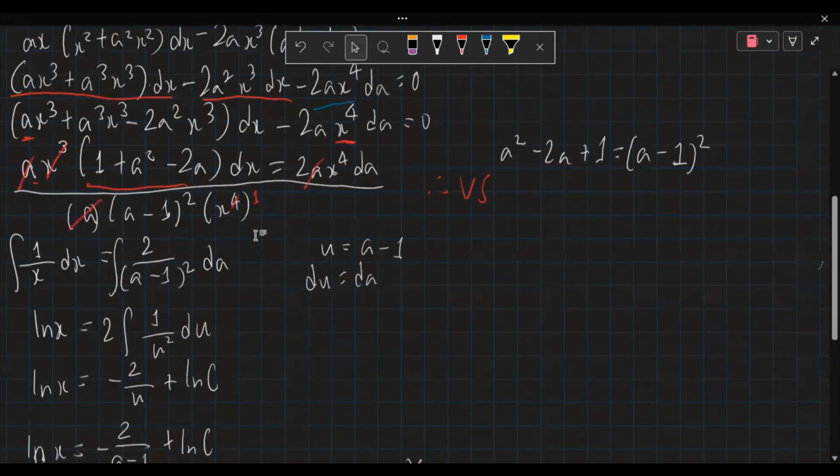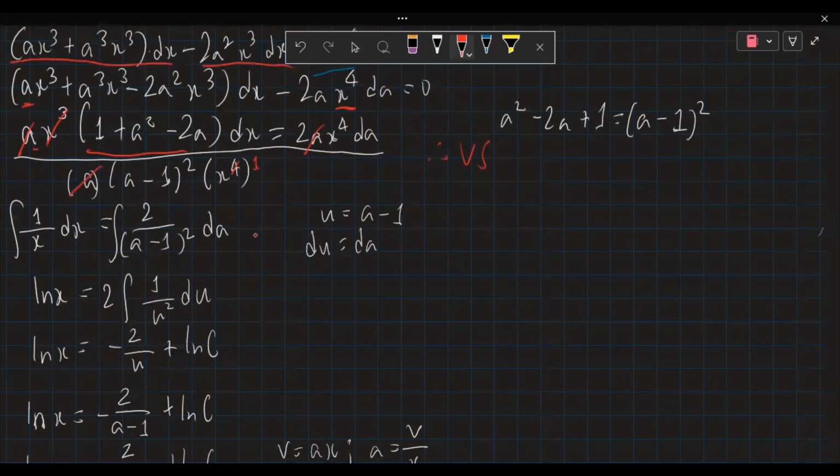So we then get our separable integration. 1 over x dx, which is basically ln x. And then 2 over a minus 1 squared dA. In this case, we use integration rules or integration strategies. We just substitute a minus 1 into u to make the integration easier.